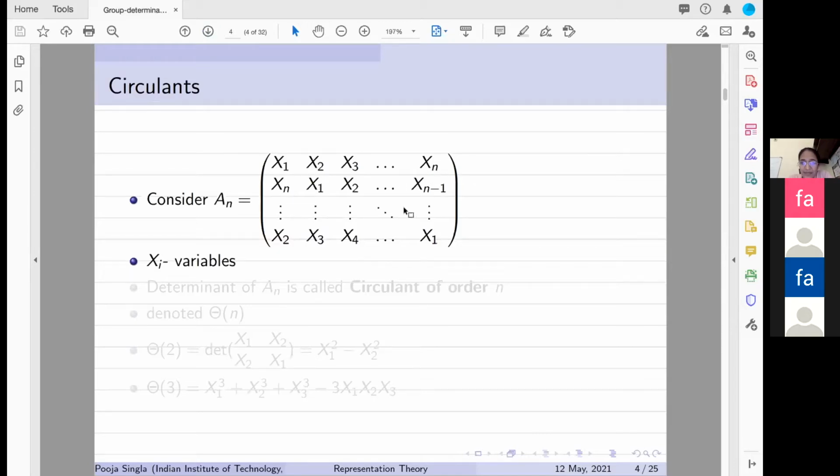Then there'll be xn minus 1, and so on. The last row is x2, x3, x4, up to x1. So on the main diagonal is x1. On the diagonal just above the main diagonal is x2, x2, x2, and so on. Similarly, the diagonal entries are the same along every diagonal.